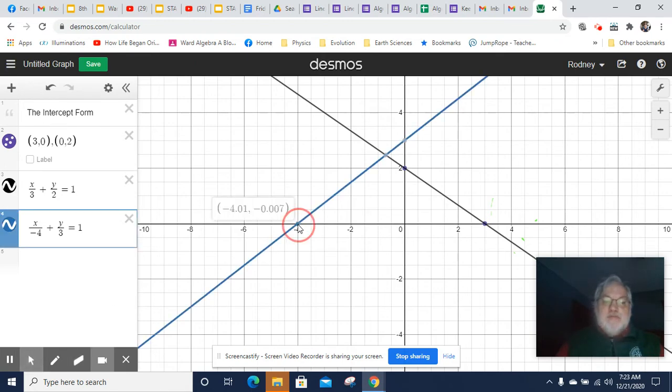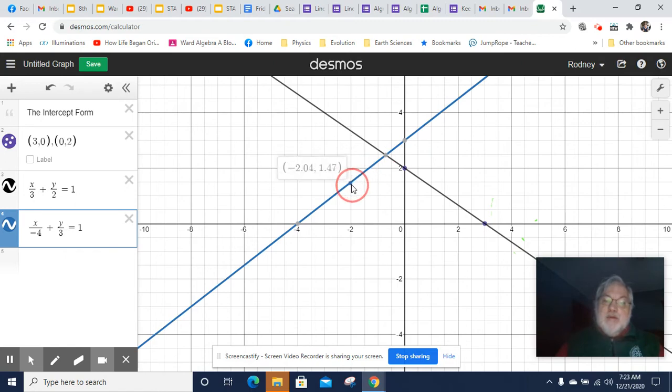Here at negative 4, 0, negative 4 over negative 4 is 1, and 0 over 3 is 0, so 1 plus 0 is 1. And same thing here at 0, 3. 0 over negative 4 is 0, and 3 over 3 is 1, so 0 plus 1 is 1.